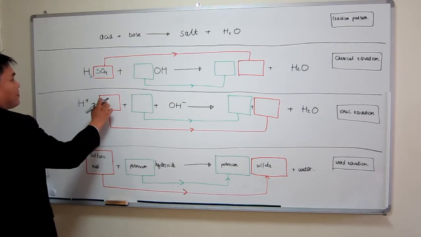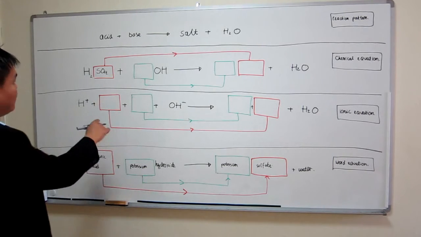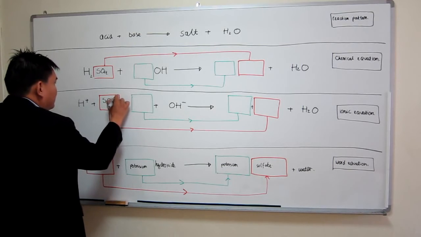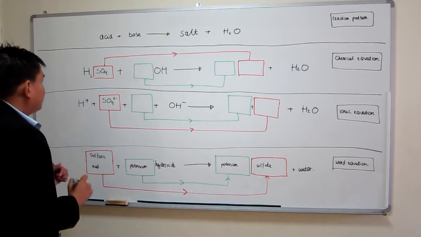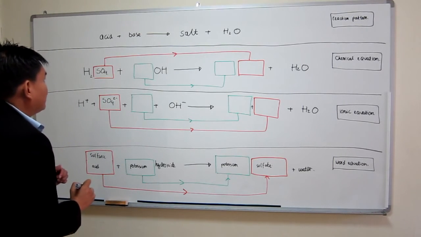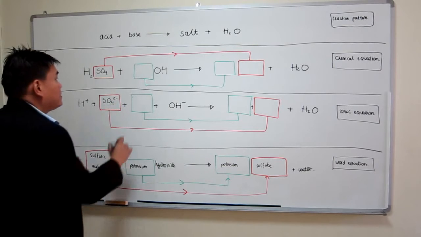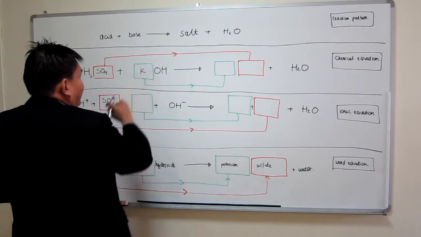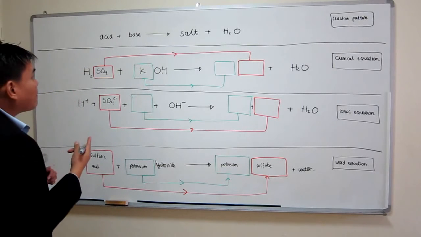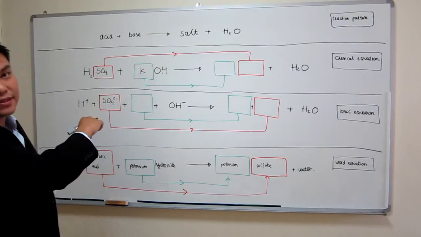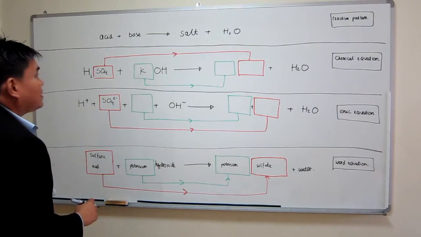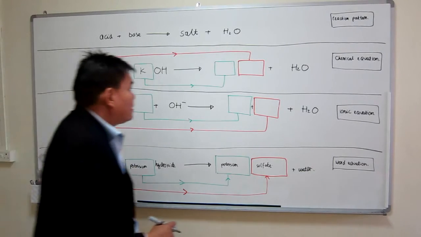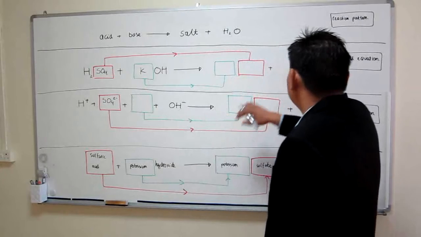In the ionic equation, you're going to write down SO4 2 minus here. And potassium hydroxide is KOH. You don't need to add any number because the charge of K is plus 1.